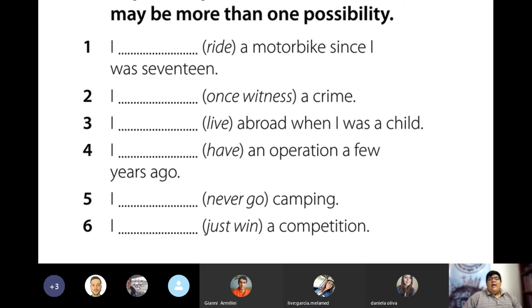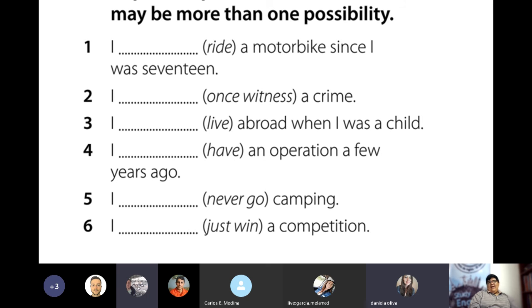The second one: I have once witnessed a crime. It is a personal experience. So we use the present perfect simple for personal experiences. It doesn't matter when.